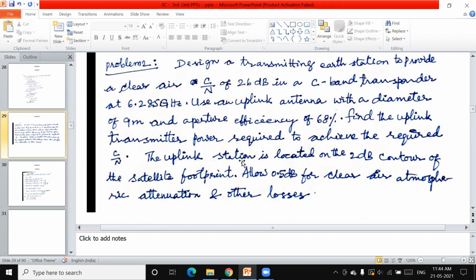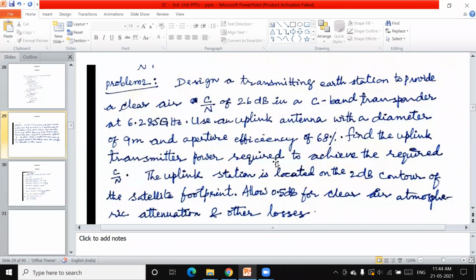So in this second problem, design a transmitting earth station. Please remember, you have to understand each and every word.